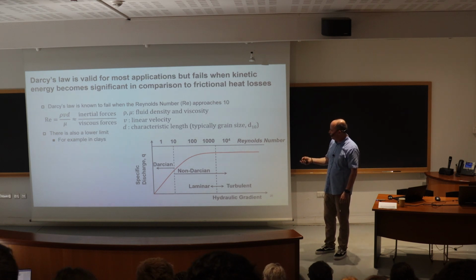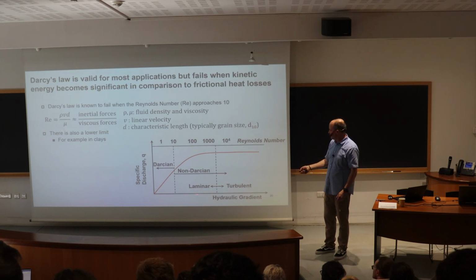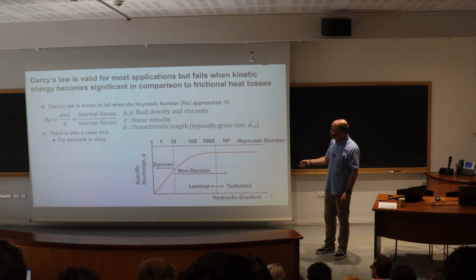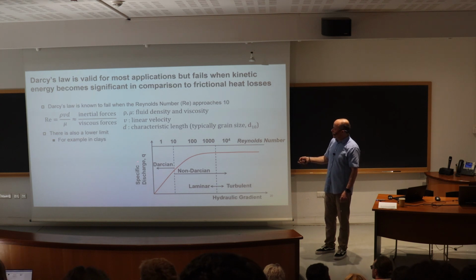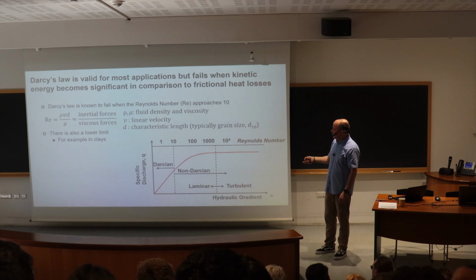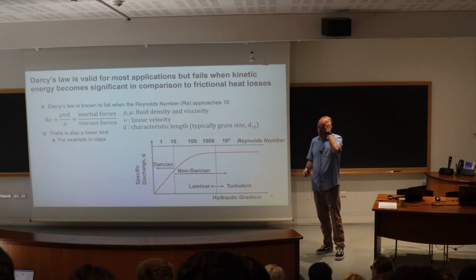So we have here the specific discharge or Darcy flux as a function of hydraulic gradient. So if the gradient becomes very large, and the Reynolds number becomes typically over 10, the relationship between discharge and gradient is no longer linear, and you see here a non-Darcian behavior.